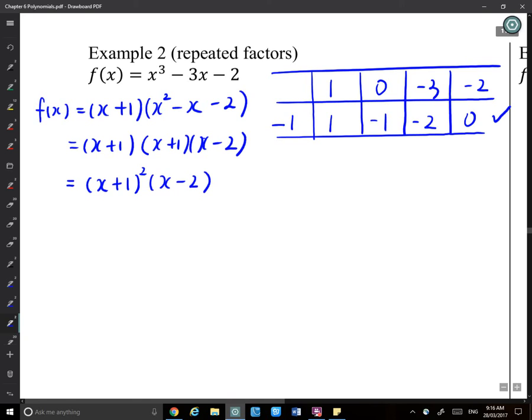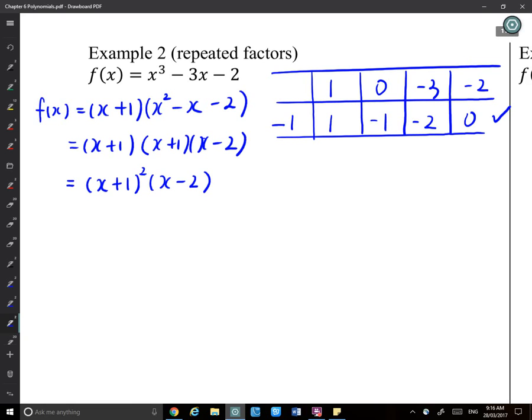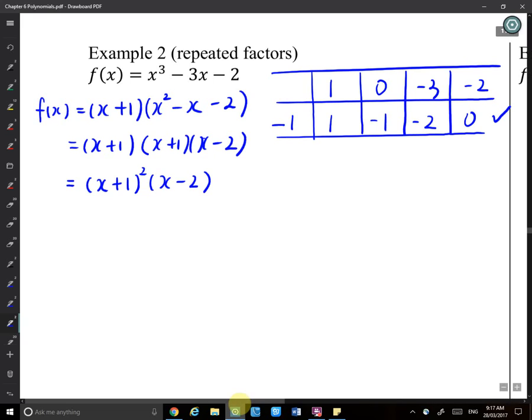For this case, as I said before, you can have 1 solution or 3 solutions. You can't have 2 solutions. It's not exactly right, but it's still right. I still have 3 solutions for this case, but one of them is repeated. From x plus 1 you have x equals -1, from the other x plus 1 you have -1, and you have 2.